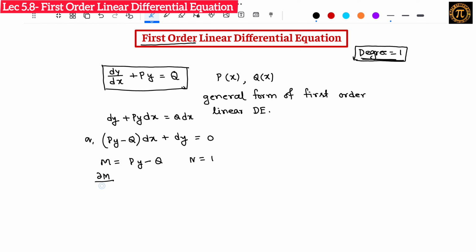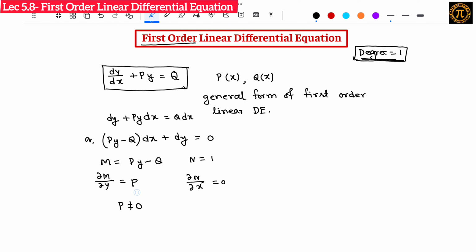The condition is del M del y must equal del N del x. Del M del y is capital P, and del N del x is 0. Is it always necessary that P must equal 0? Not necessary, P may be non-zero.